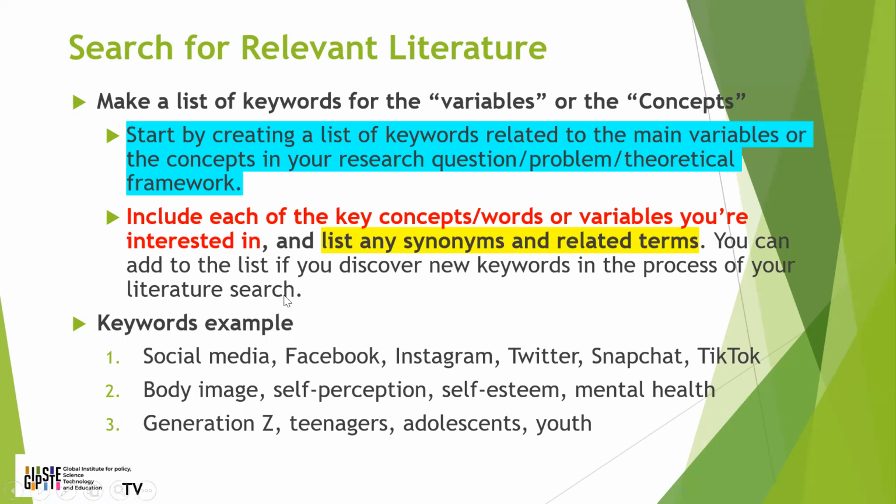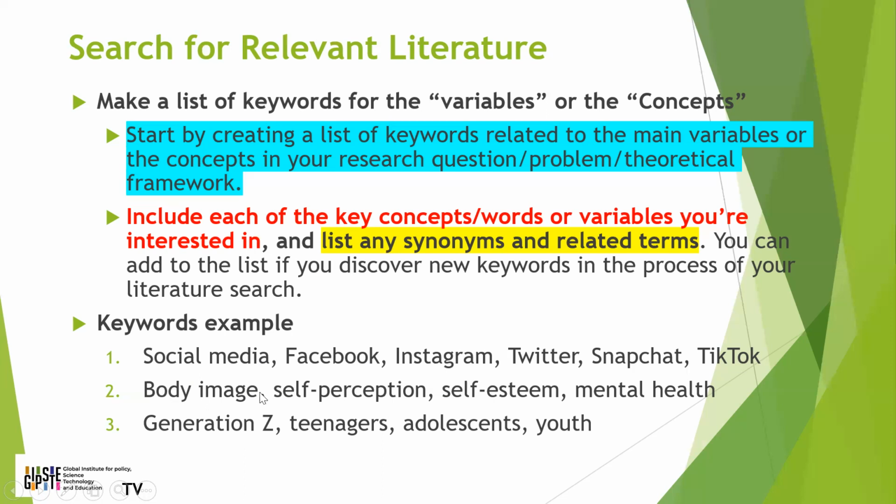So take, for example, some of the keywords that we found from the theoretical framework, the problem statement, and the research question. They include social media, body image, and Generation Z. So here you will find synonyms for each of the variables or concepts. When you take social media, some of the synonyms are Facebook, Instagram, Twitter, Snapchat, TikTok, and several others.